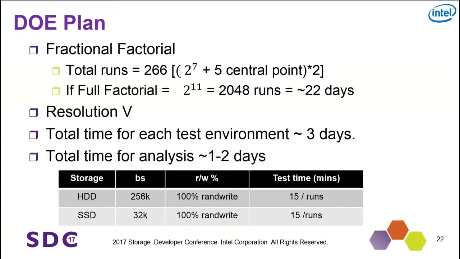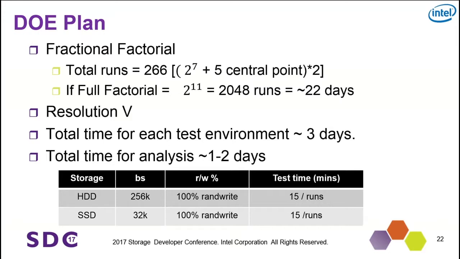I also replicated it. That's why the total is 266. If I don't do replications, it will be only 133 runs. So for each of the HDD and SSD, I run 266. If you are running the full factorial, there will be 2,048 runs, totally about 22 days.